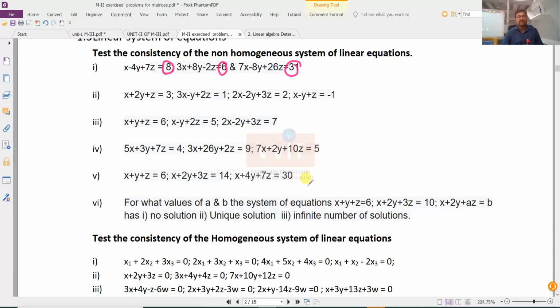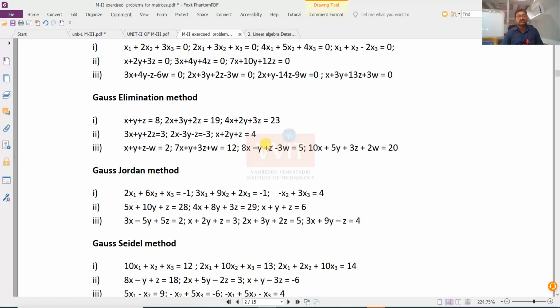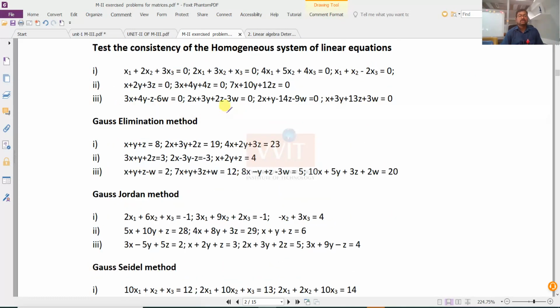And here we tried earlier this A and B in place of lambda and mu. So please try these problems. In the Gauss elimination method, as we discussed, the final matrix should be a triangular matrix.